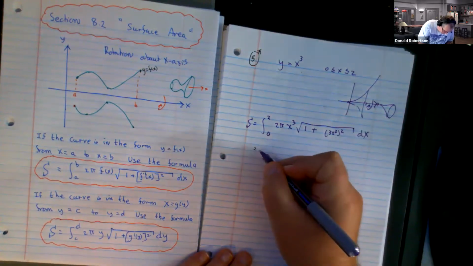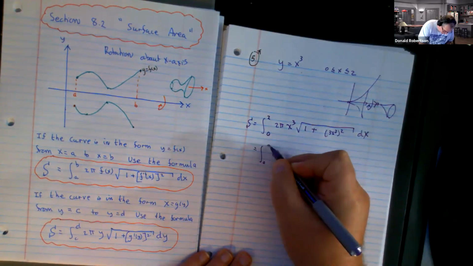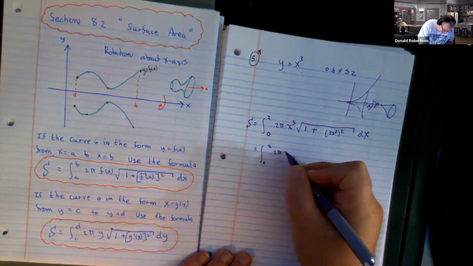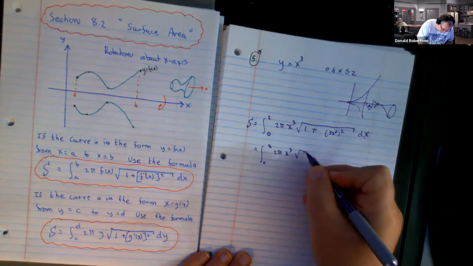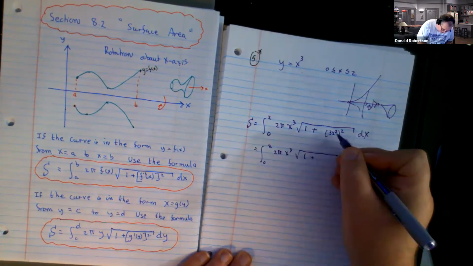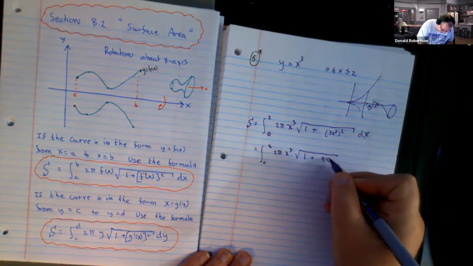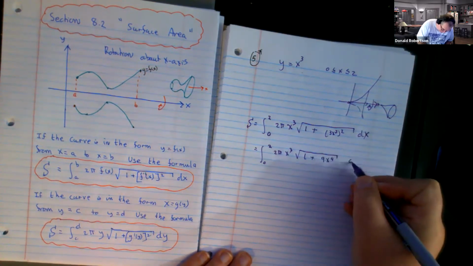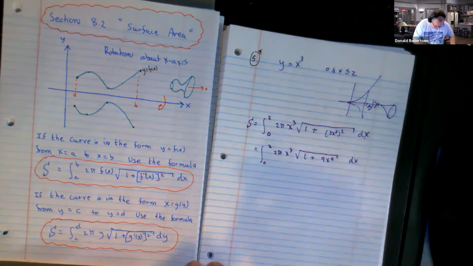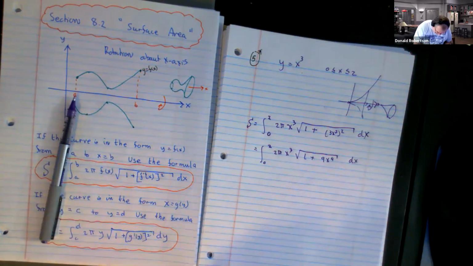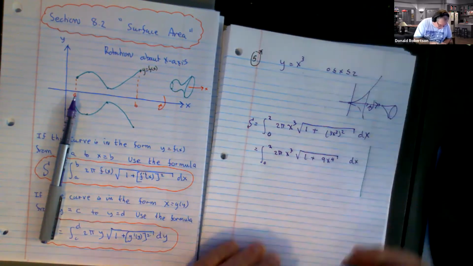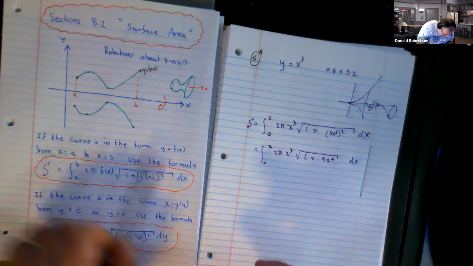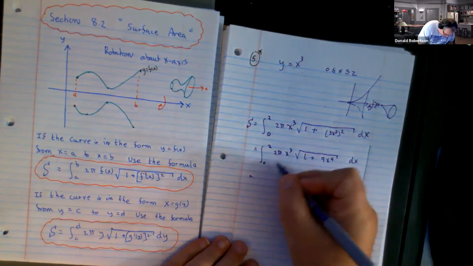Now this fella becomes the integral from 0 to 2 of pi x cubed, the square root of 1 plus 9x to the 4 dx. Next line, I'm going to pull out that 2 pi.